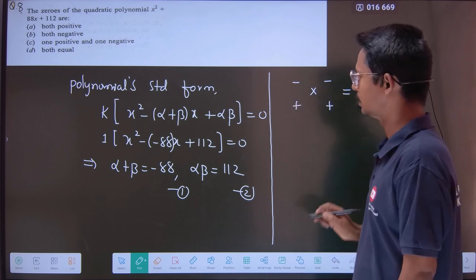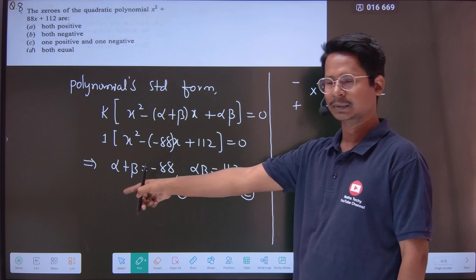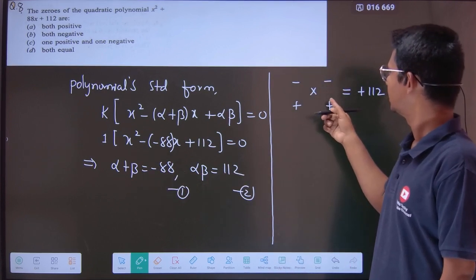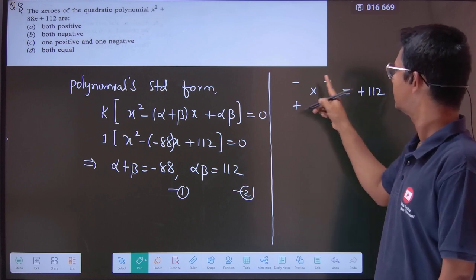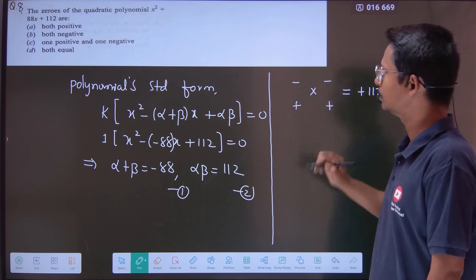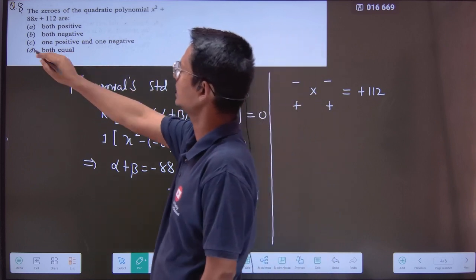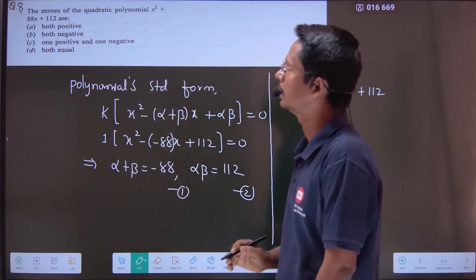We will see alpha plus beta secondly; firstly we see the product. So when you get plus 112, either both should be negative or both should be positive. So you can eliminate options C and D. The answer is between A and B only.